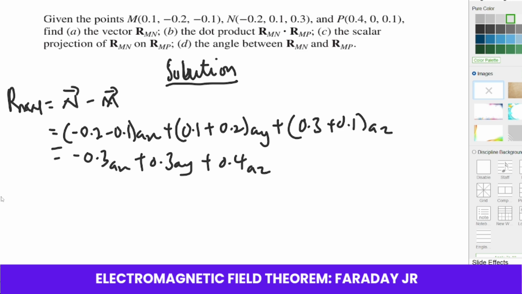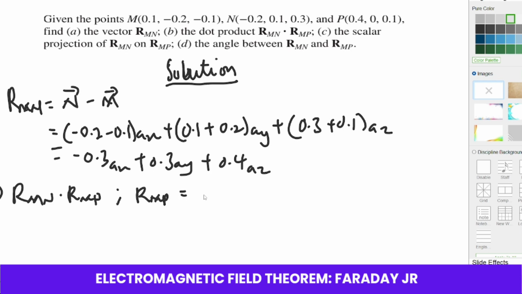Part B is telling us to find the dot product of RMN and RMP. So now we know RMN, but let's find our RMP before we can find the dot product.